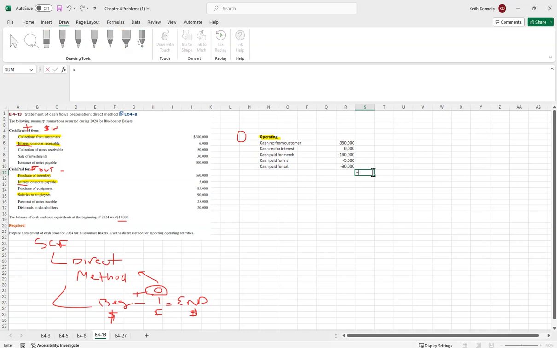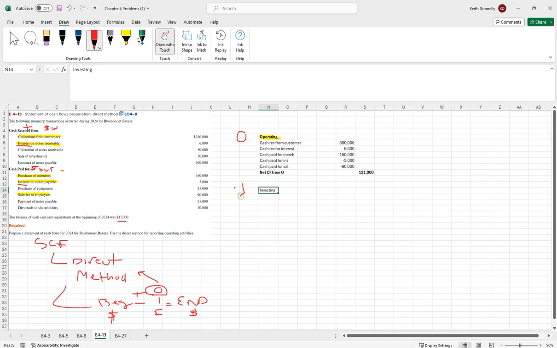Right, if we sum these, just the raw inflows and outflows, we're looking at 131 there for our net cash flows from our operating activities, okay? And again, that was the direct method just because you list out every single time you have the inflow or outflow. Next, let's do the investing section.